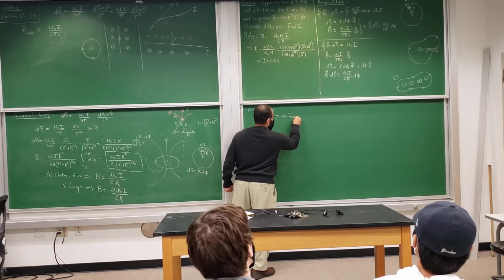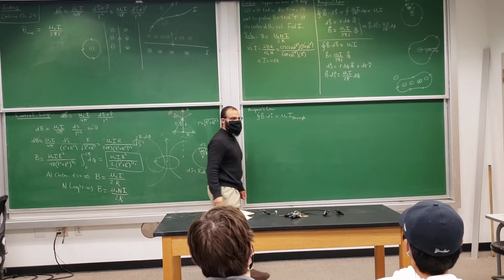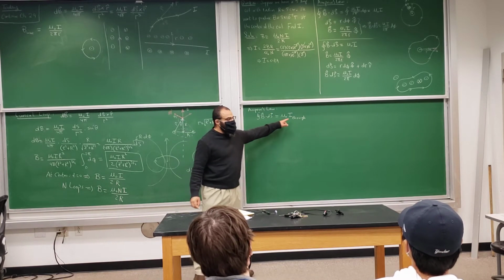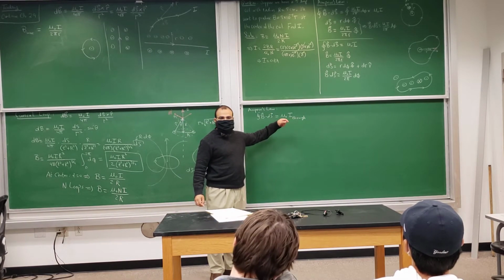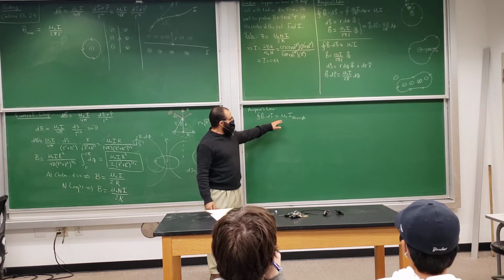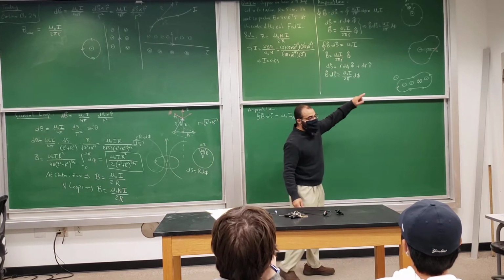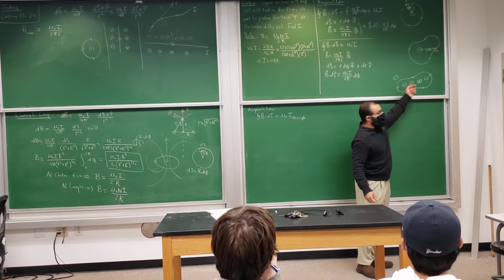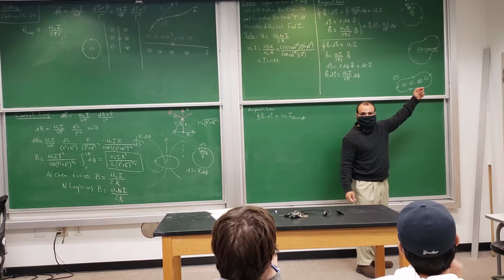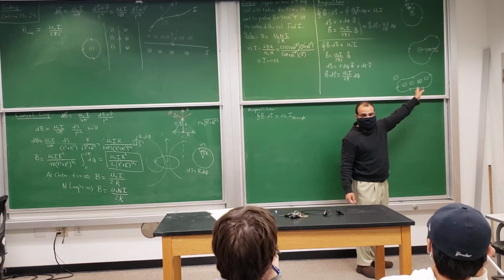So the little subscript. Sometimes some books use enclosed or currents through and so on. Now I need to also tell you that when you sum up the currents, if you're going counterclockwise, the currents that come out are counted as positive. The currents that go in count as negative.